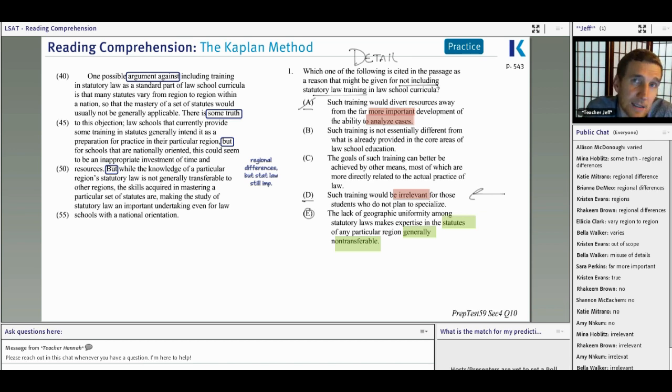So it's not that it's going to be relevant. So really and truly, if you had slowed down appropriately at the beginning of this paragraph and noticed that big weakness is that variance from region to region, again, that makes them non-transferable, you can really answer this question quite quickly and move forward with the rest.